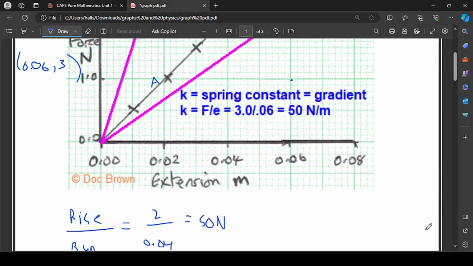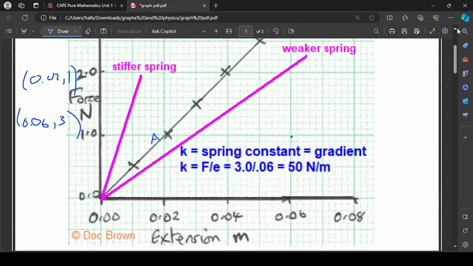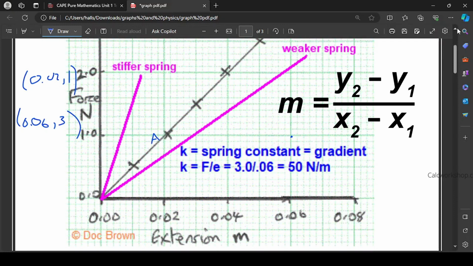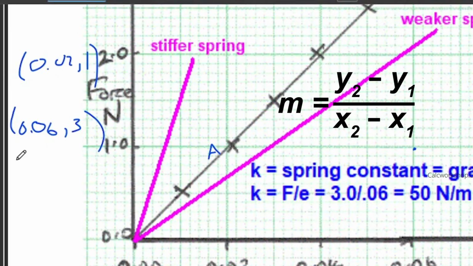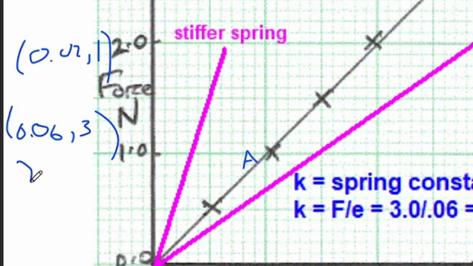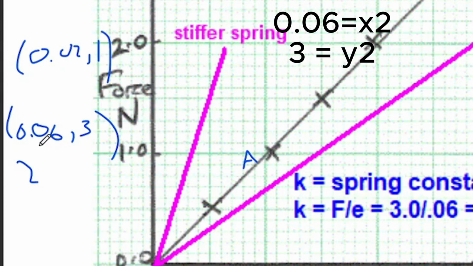Now let's do it using the equation. So the equation is y2 minus y1 over x2 minus x1. So you'll just look at this and choose which of these coordinates you want to be your 2 values. So these right here are the bigger numbers. I'll make those my 2 values. So if these are my 2 values, this 0.06 right here will be x2.